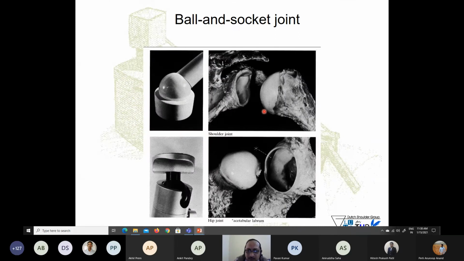So the shoulder joint is typically a ball and socket joint as represented in the slide itself. Okay, the other ball and socket joint is of course the hip joint.